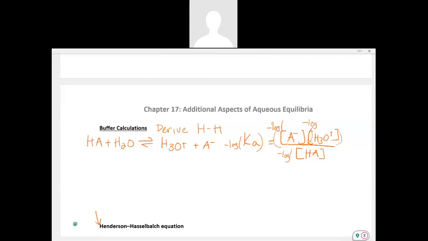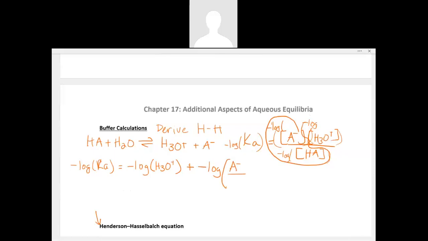Then we're going to rearrange this equation so that we have negative log of Ka equal to the negative log of the hydronium on top, plus the negative log of A negative over HA.